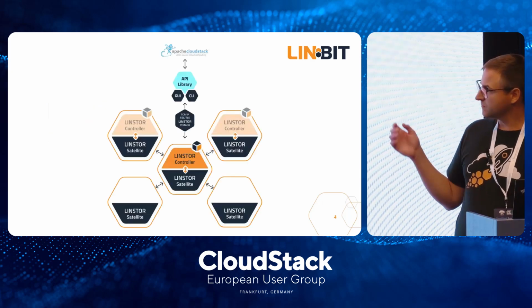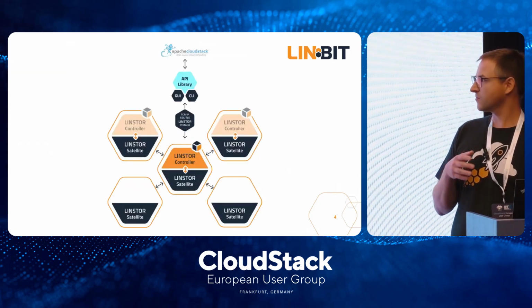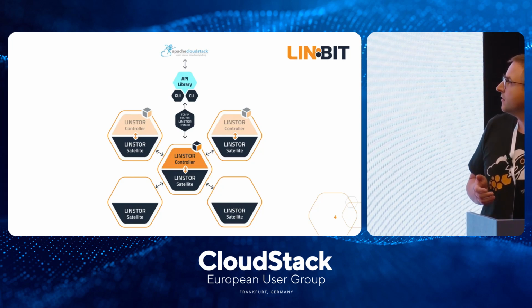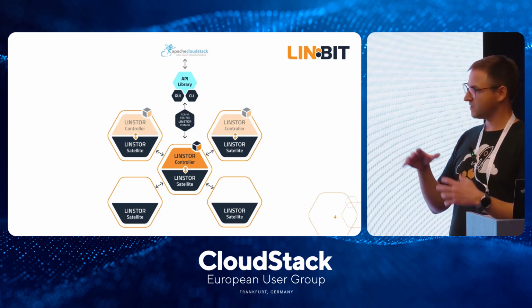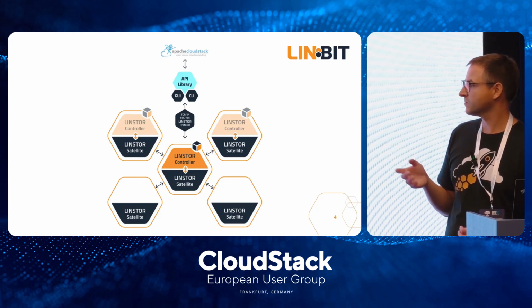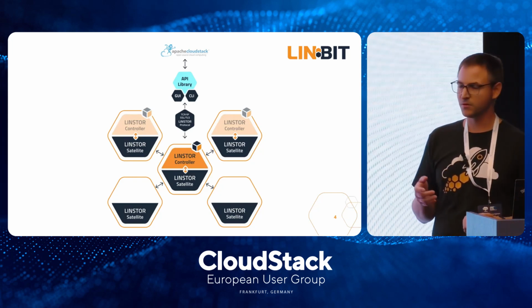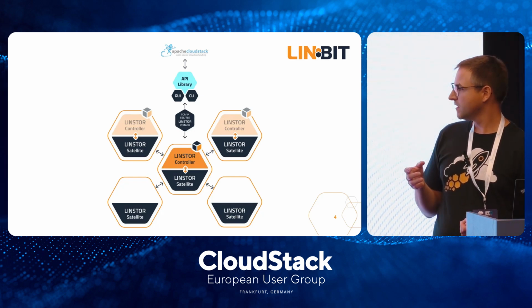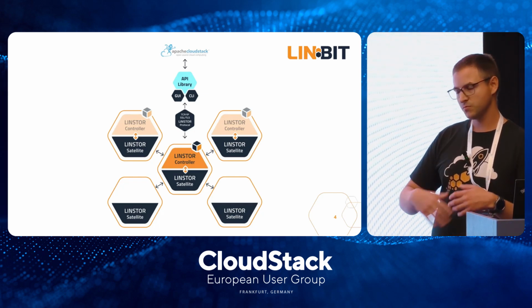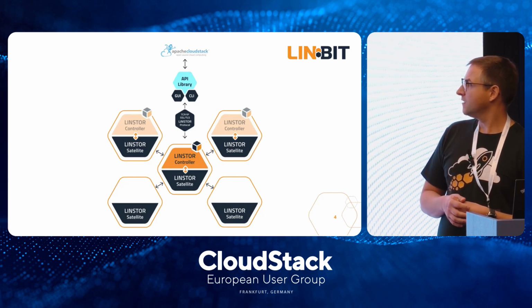So, a bit of an overview for anyone who never touched or checked out Linstor. The basic design of node and management is like CloudStack. We have the Linstor controller, which would be the equivalent to the CloudStack management server, and then we have Linstor satellites, which would be the CloudStack agent hosts.